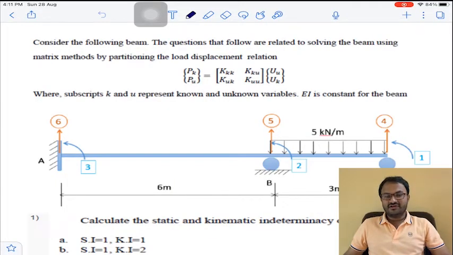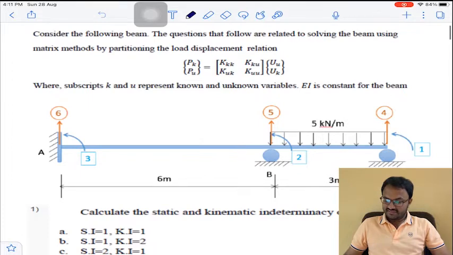Today I am going to solve the fifth assignment of matrix methods of structural analysis. You can see he has given a continuous beam, end A is fixed, B is roller, C is roller.